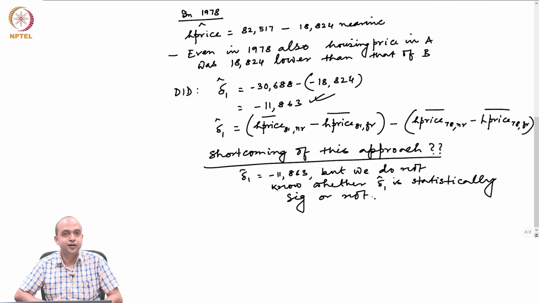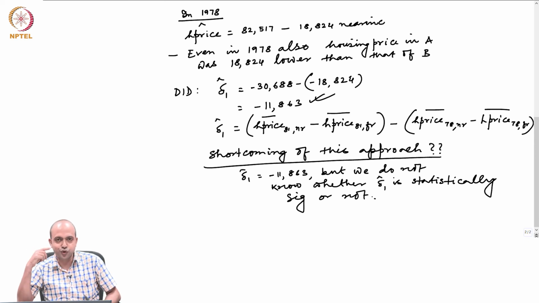That is the limitation of this approach when you write two different equations, one for 1978 and another for 1981, and then you take the difference in this way.